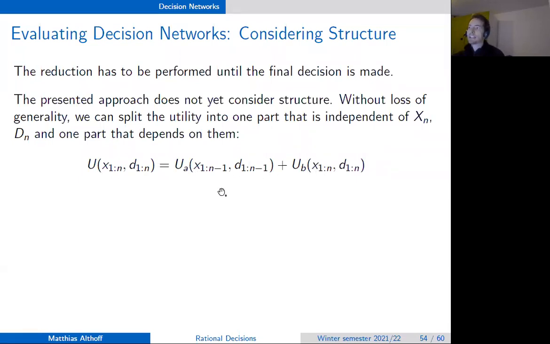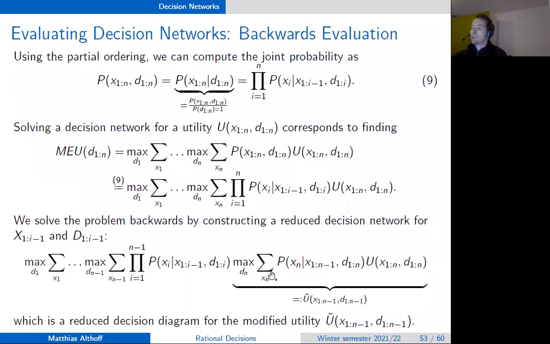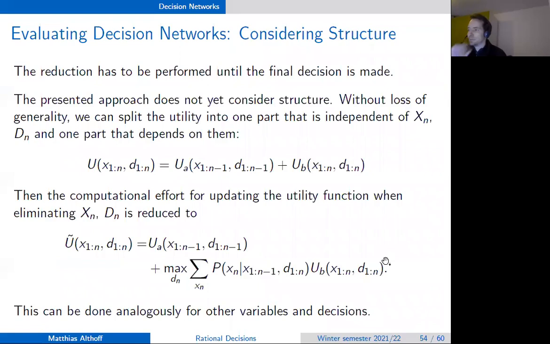So only variables x1 up to xn-1, and all the cases where xn plays a role are collected in utility ub. And this has the advantage that if I go back now, we compute the sum, we can exclude ua and only have to consider ub, which saves computation time.